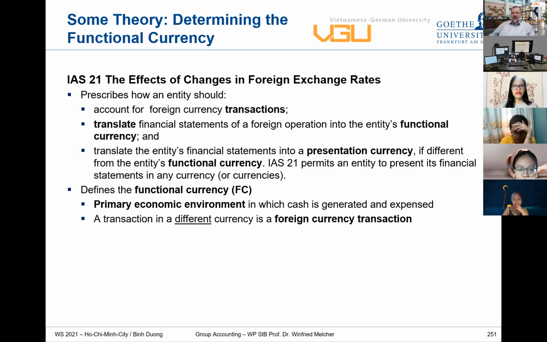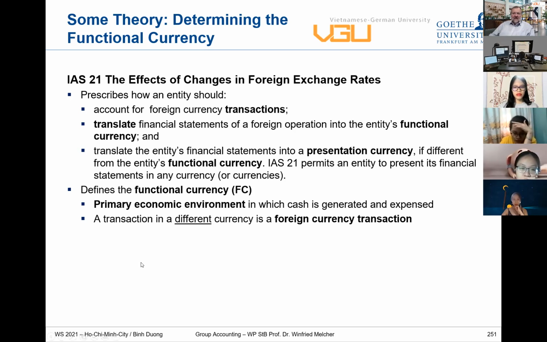And well, functional currency is now something that the standard setter has used as a term, and we will now look into what is a functional currency. So if there are different financial statements set up in different currencies, we have to translate them into the presentation currency.